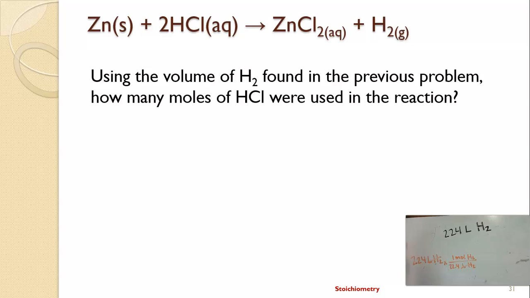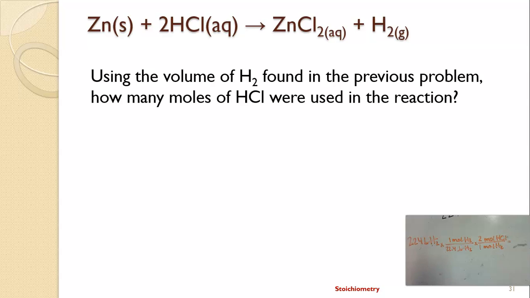Now I can convert from moles of hydrogen to moles of hydrochloric acid. Just go down, moles of hydrogen, and I'm trying to calculate the moles of HCl that's used. So I go back to my balanced equation. Let's see, there are 2 moles of HCl and 1 mole of H2. That cancels.